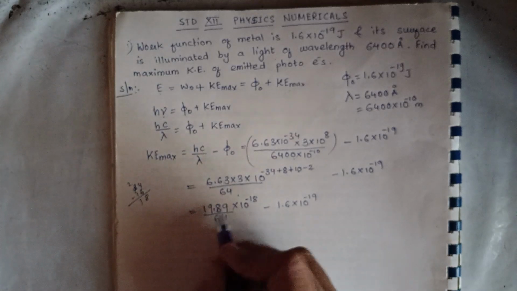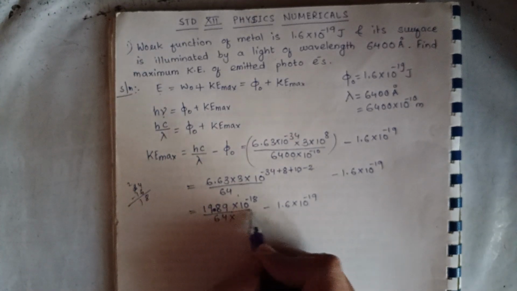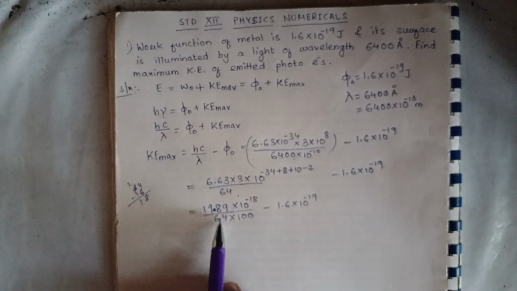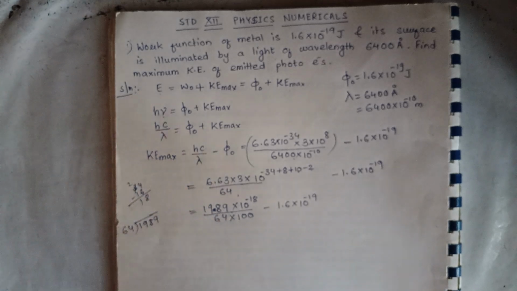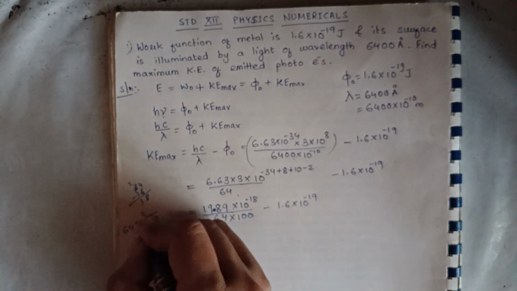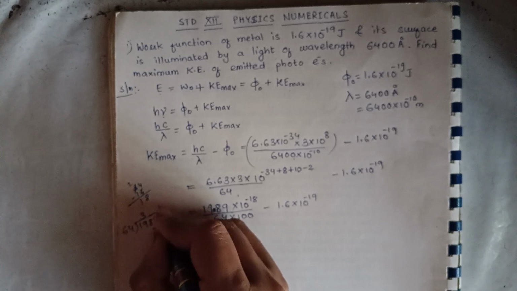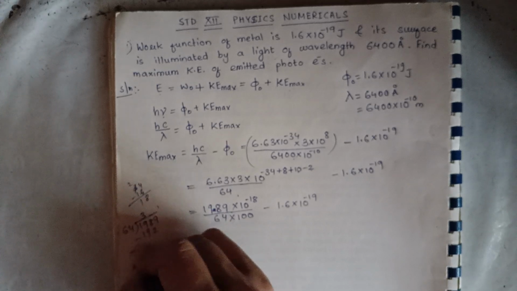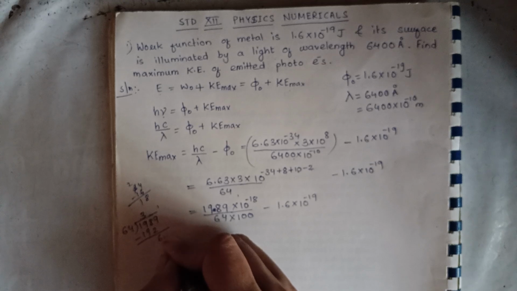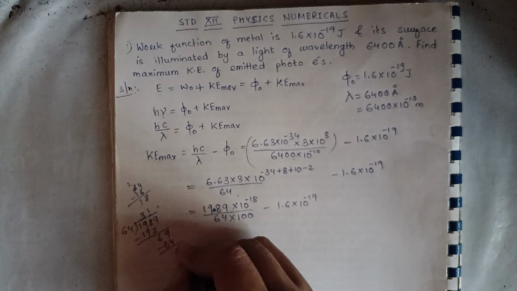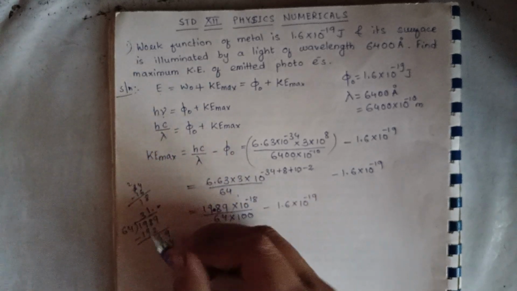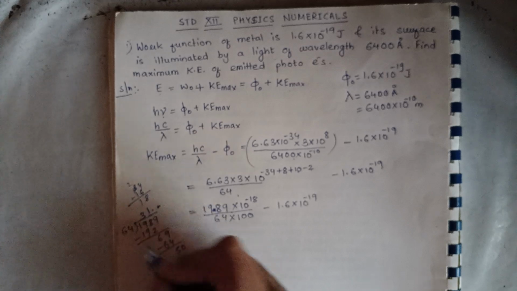So we'll remove this point. If you remove this point, you have to multiply here by 100, right? I'll divide this by 64. For the point I've put 0, but 50 is less than 64.